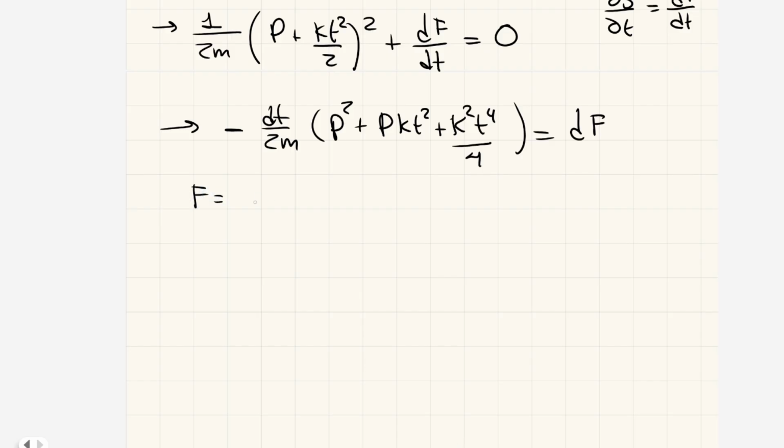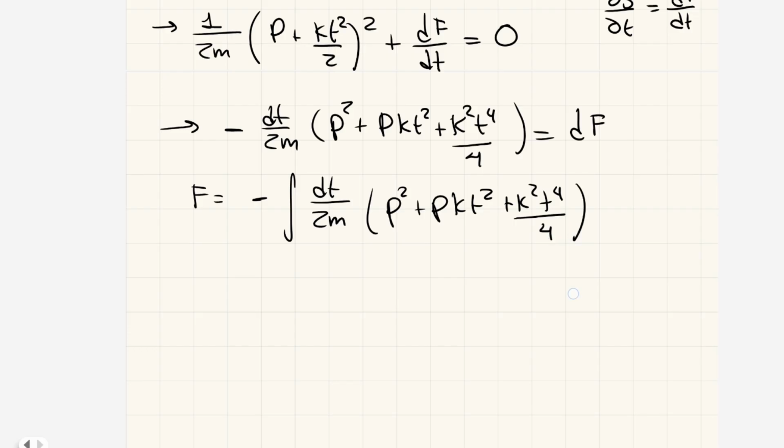So we will get that this is minus the integral of dt divided by 2m times (P squared plus Pkt squared plus k squared t to the fourth divided by 4).